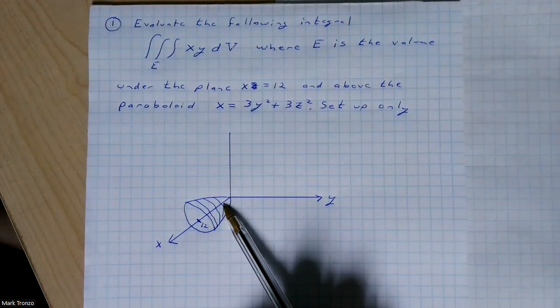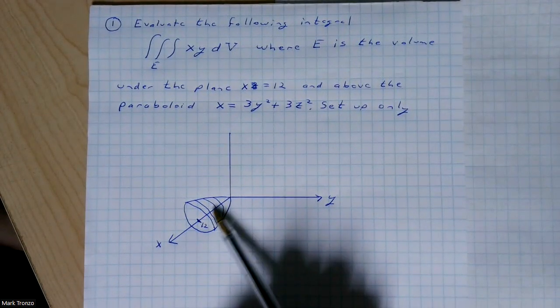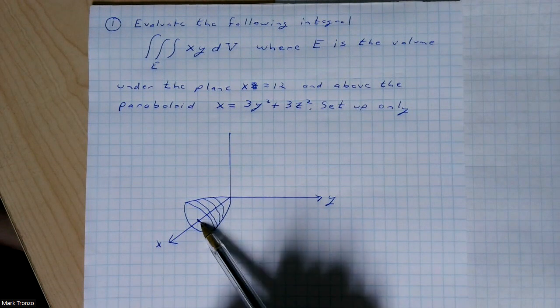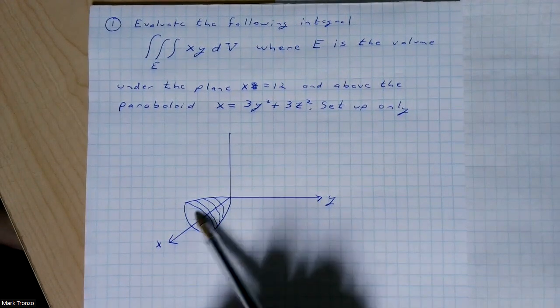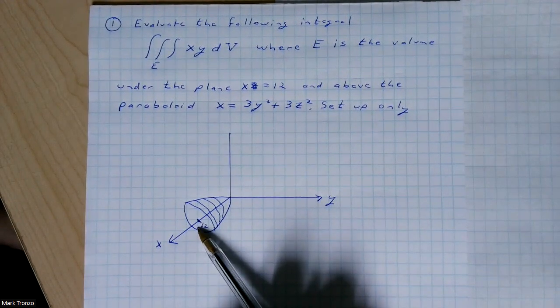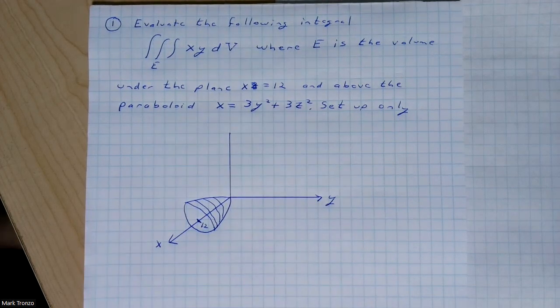So it's the volume above the paraboloid and under the plane. So it'll be the volume inside the paraboloid, basically up to x equals 12. And so once again, you can imagine yourself standing within the volume.